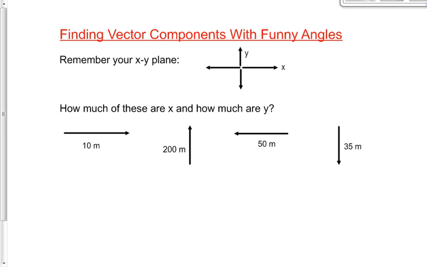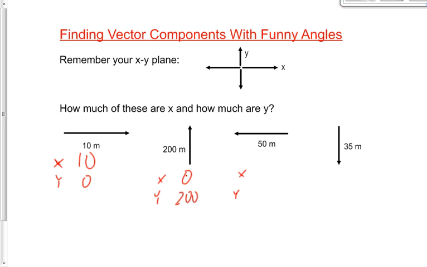What's the x component of this 10 meters? 10. The y component is 0. The x component of this one is? Tegan, what's the x component of that 200? How much of that is horizontal? Good. And how much of its y component? Good. How much of this is x component?